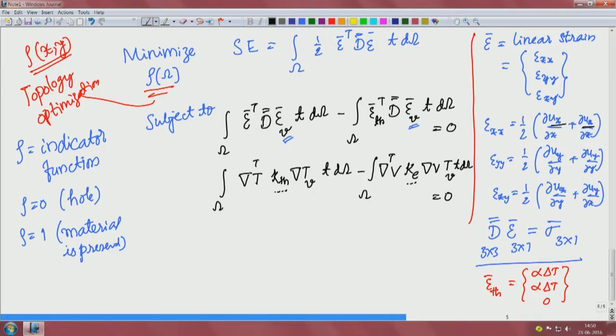This is the weak form of the electrical thermal conduction equation, where this term that we have is the heat generation term.